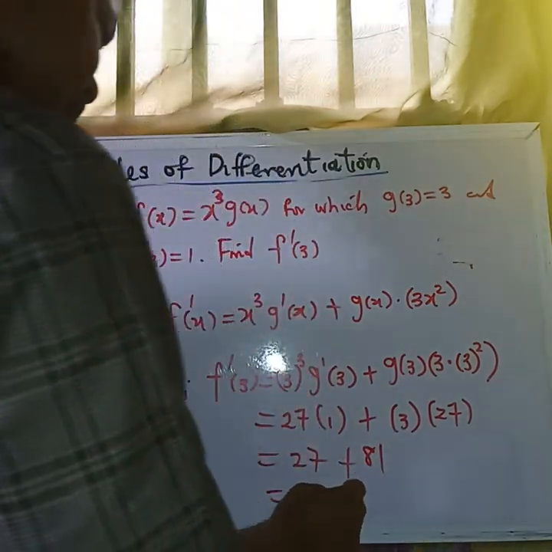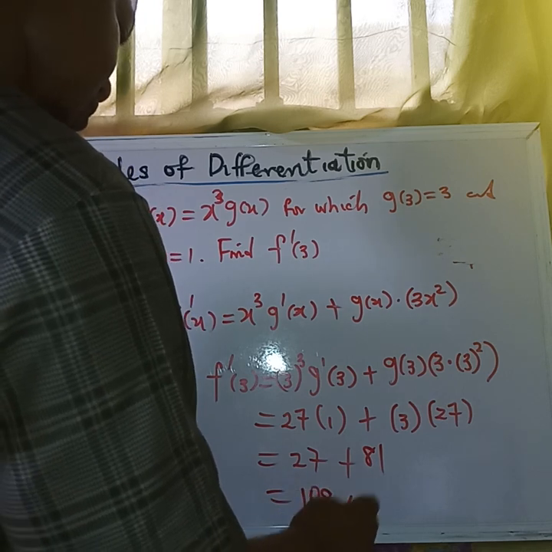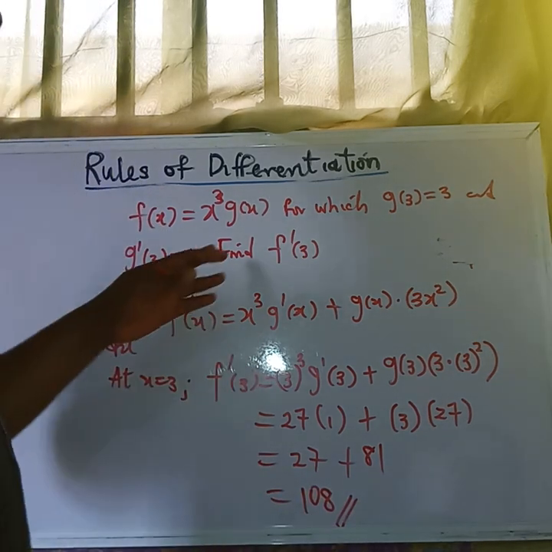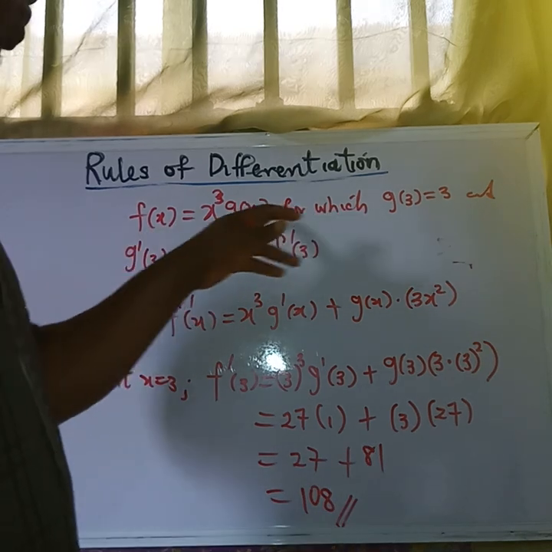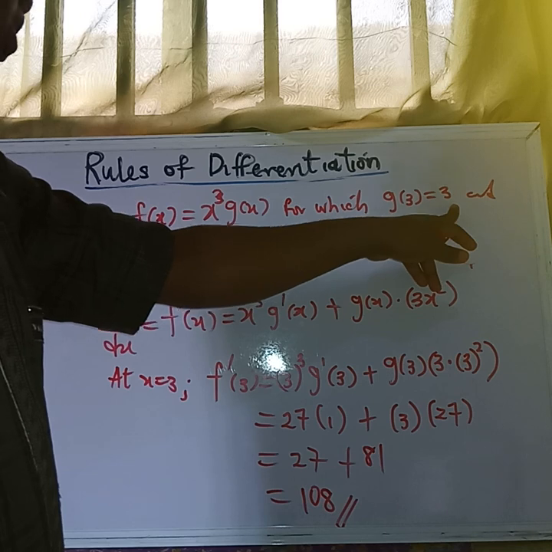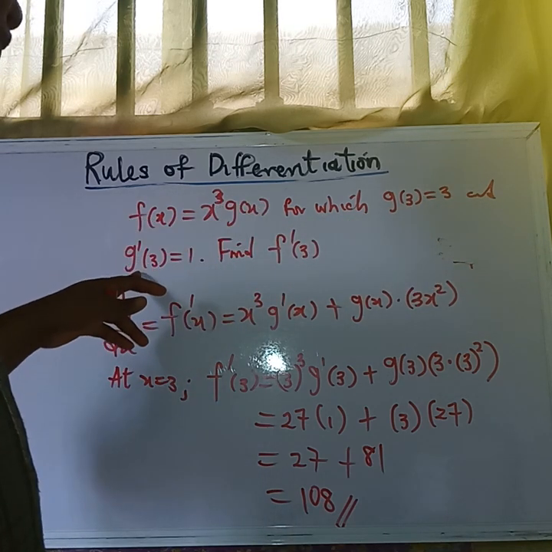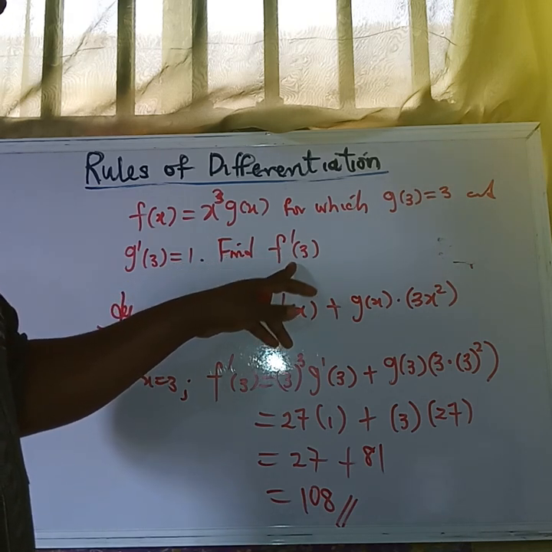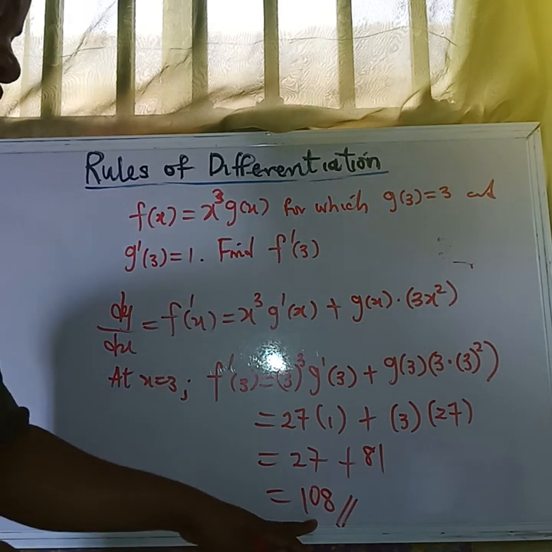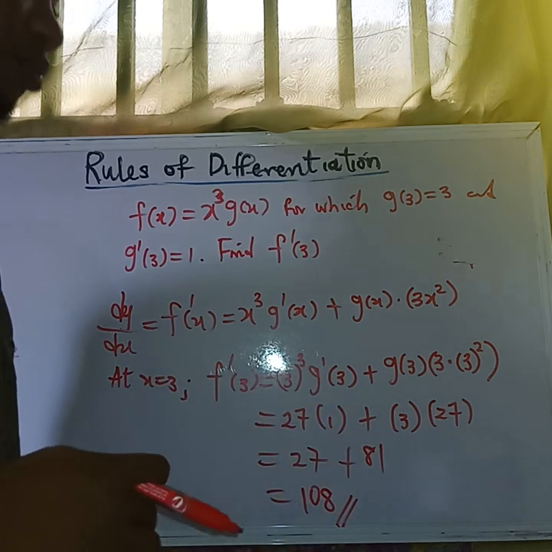If you add this together, this is 108. So the slope of f of x at x equal to 3, for which g at 3 is 3 and the slope of g at 3 is 1, is given as this number. So that's that on the product rule.